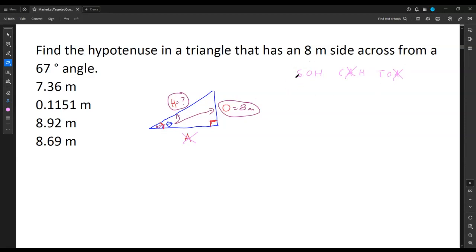But just to confirm, we have the opposite side that has a number, and the hypotenuse has a question mark. Now, you have to be careful. Don't avoid the hypotenuse. You need to use the hypotenuse because that's what we're looking for. If our variable that we're trying to solve for is not somewhere in our work, then it's impossible to find. So it's very important to make sure you don't skip the thing that we're looking for.